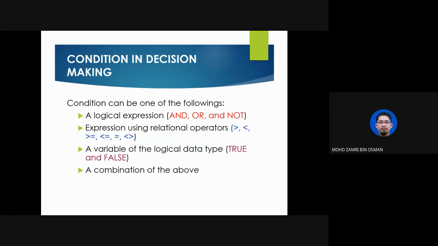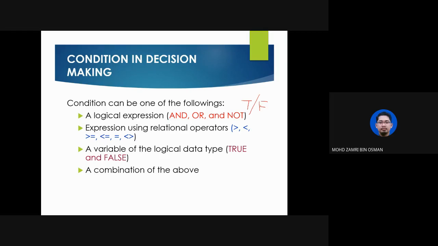Okay. So we move on to condition in decision making here, because this one is very important, and this one will reflect whether the condition is true or false, right? Remember that we have and, or, and not in the previous chapter 2, right?